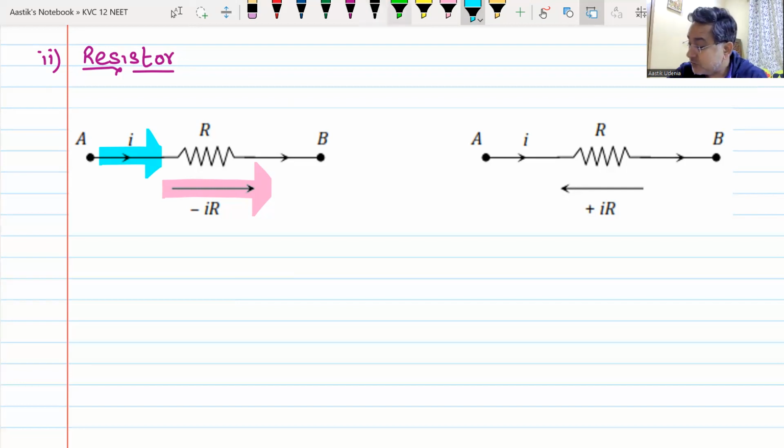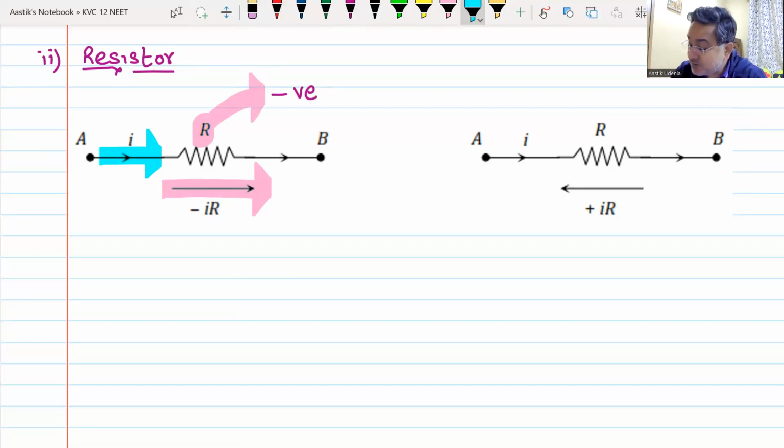Higher to lower. Therefore, in this case, the potential drop across this resistor will be taken as negative. Do we understand this? Yes, sir.